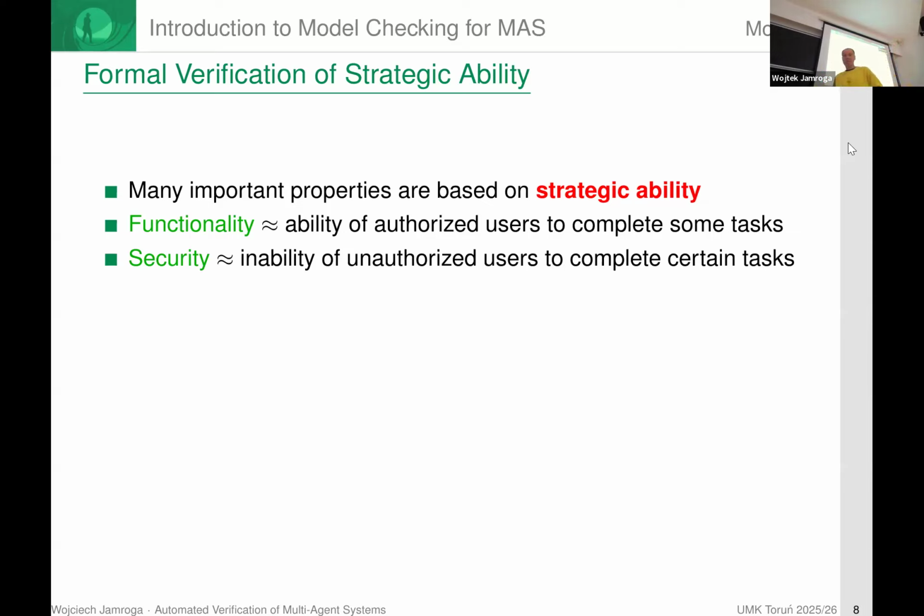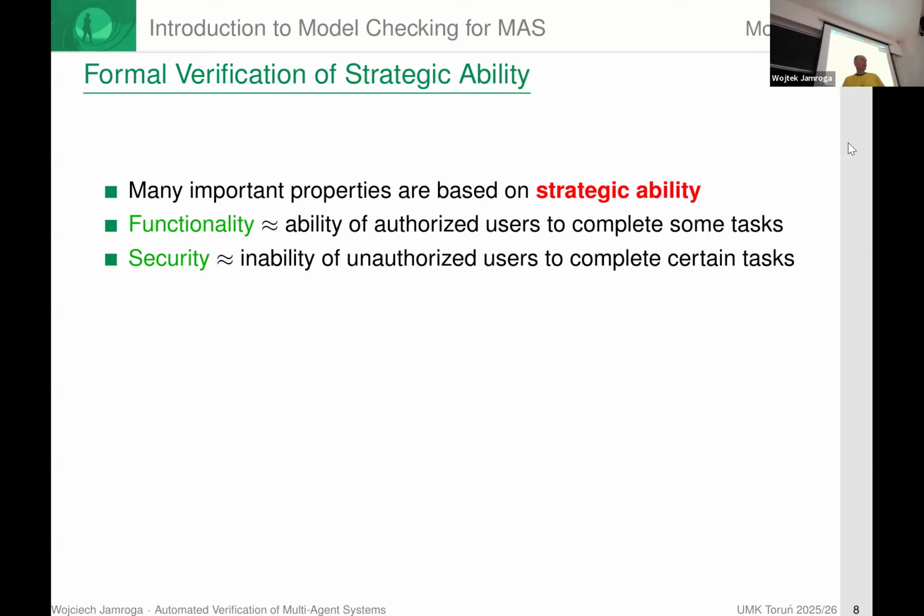And then security, very often, not always, but very often, is kind of the dual of that. The functionality is about the ability of the legitimate users to accomplish their legitimate tasks. Security is often about the inability of the bad guys to do bad things to the system.